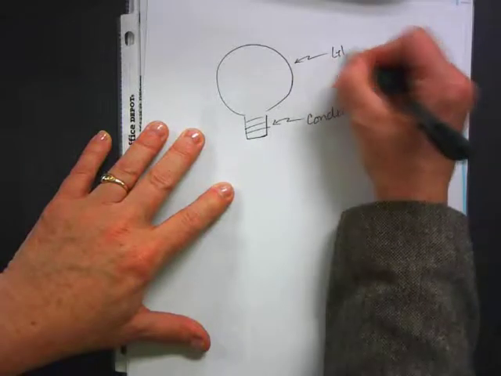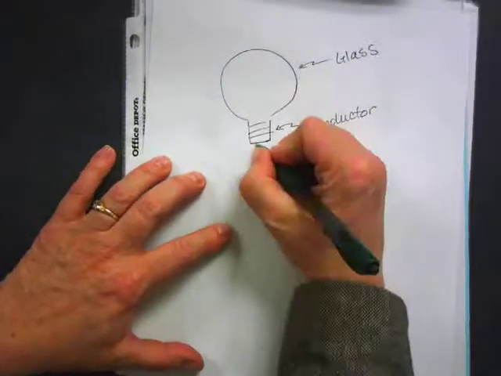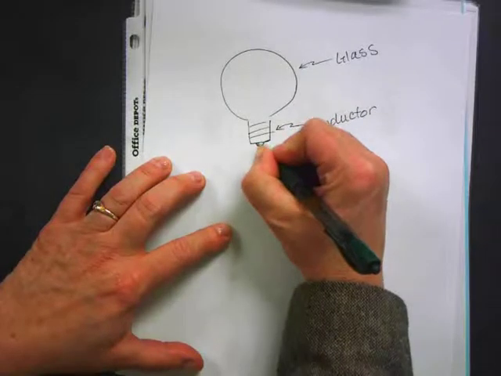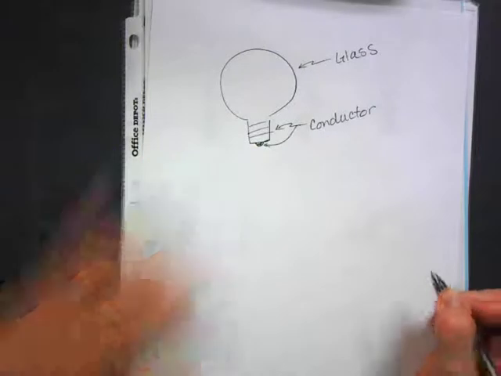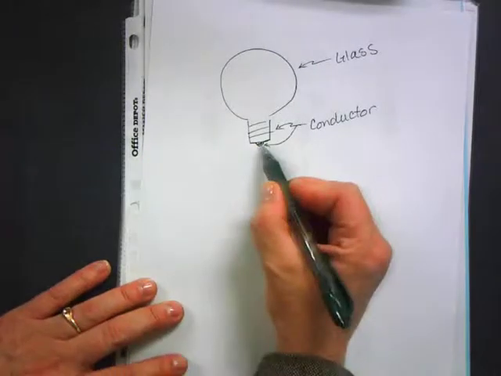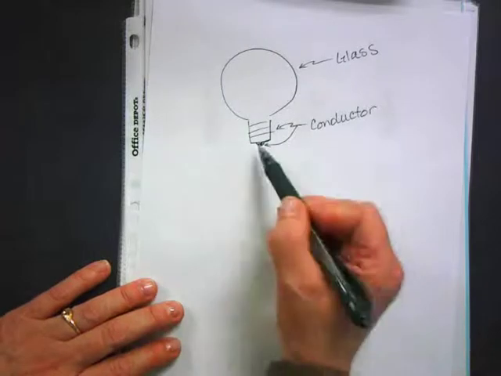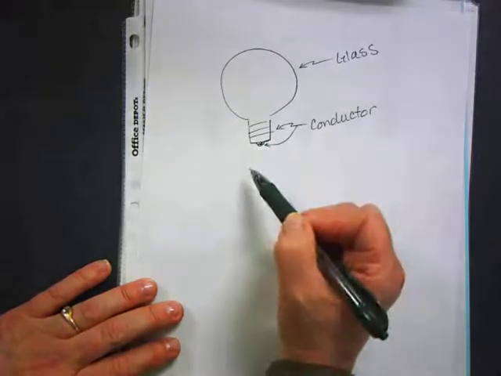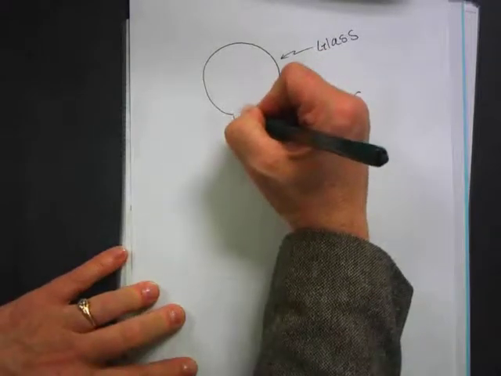And then, of course, there's the glass, not a good conductor. And there's also a little nubbin on the bottom. That is also a conductor. These two, the nubbin and the cuff, are actually separated, and they're not connected together as part of the loop.